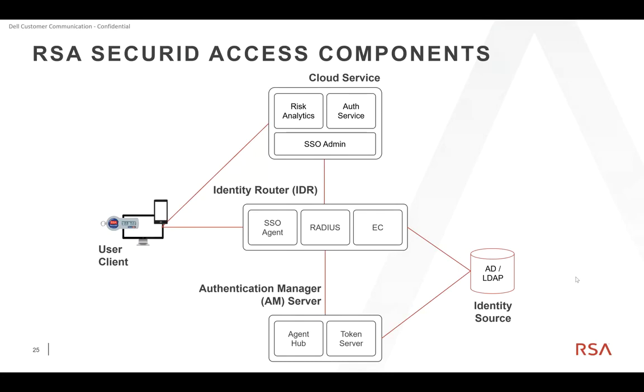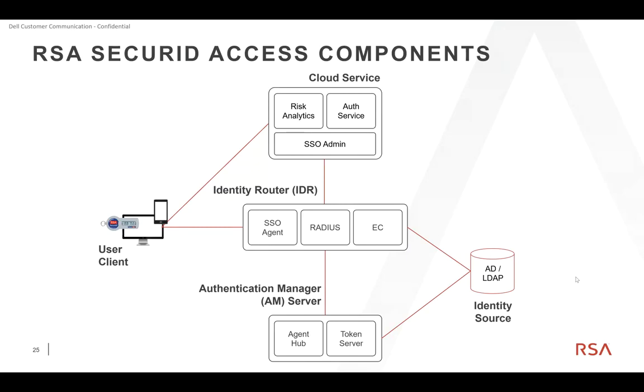Authentication Manager is a standalone server deployed in the internal network to integrate with the identity source or the identity repository, and the user uses a software token to access applications. It supports different protocols, including RADIUS, and also REST API. So if your approach is two-factor authentication for an on-prem solution, Authentication Manager is your best practice.